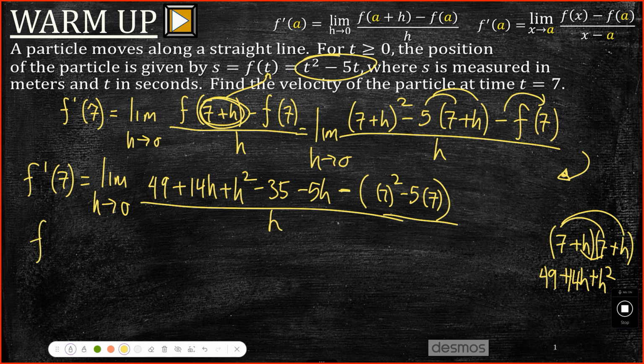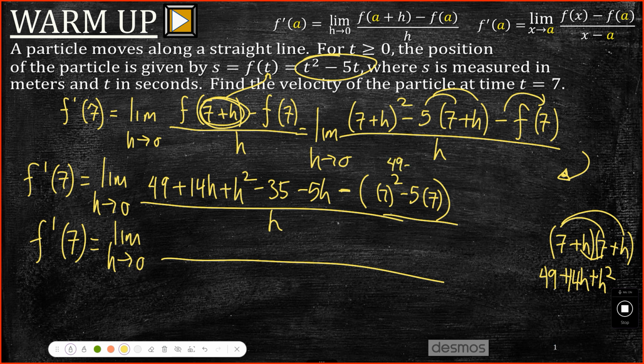So now we continue on with f prime at 7, which equals the limit as h approaches 0. It's just a bunch of algebra here. We could work this part out: 7 squared is 49, and then minus 35. 49 minus 35 is 14. So the whole answer inside the parentheses turns out to be 14. Now we can get all the constants together.